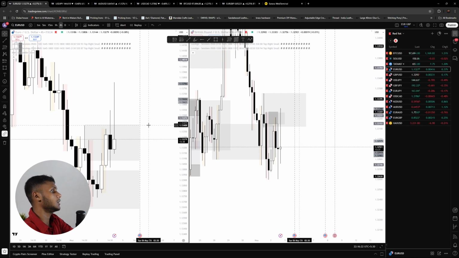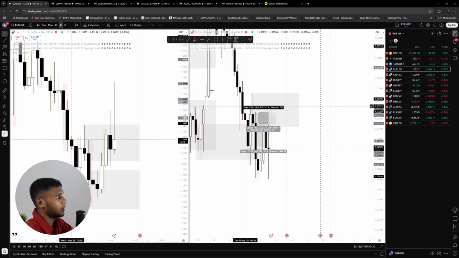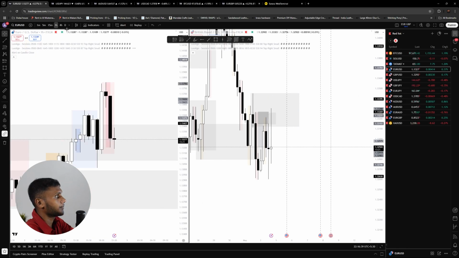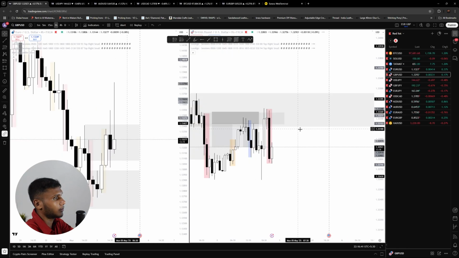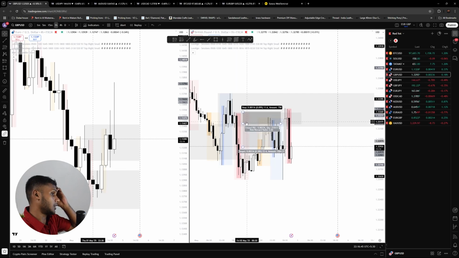So Euro USD, this was the trade in the morning we were talking about, and it would have gone for a loss or break even depending on where we placed our entry and stop loss. GBP USD, we would have made profit, as you can see, 1:2. And that too depends on where you place the order and stop loss.